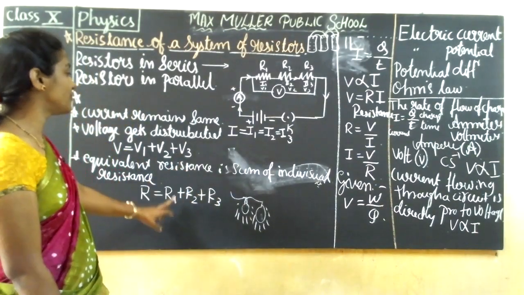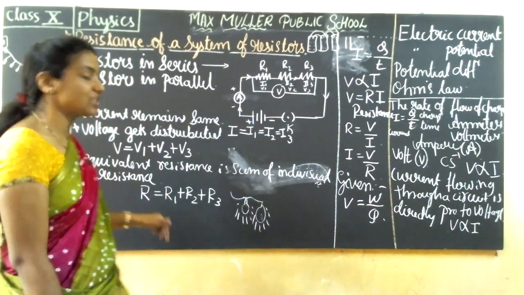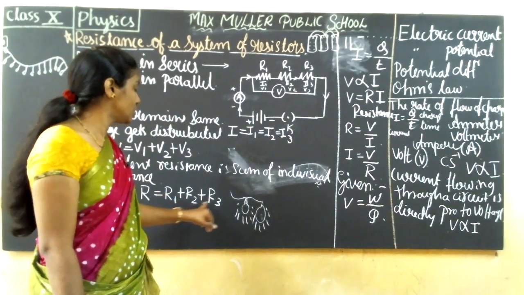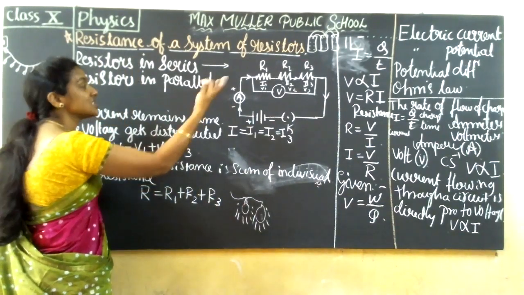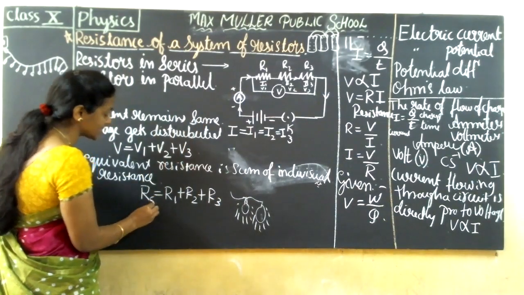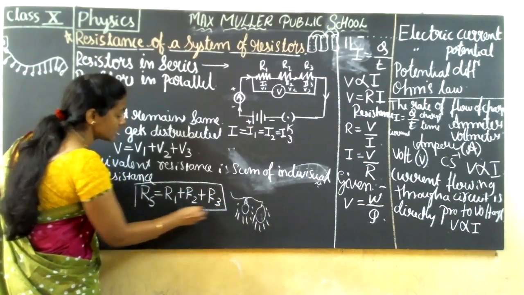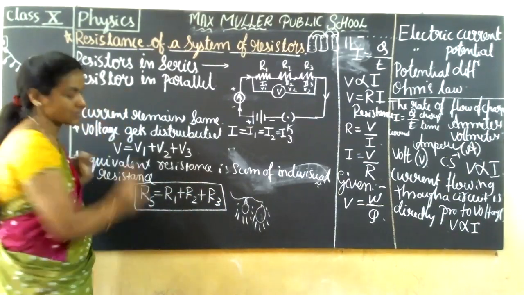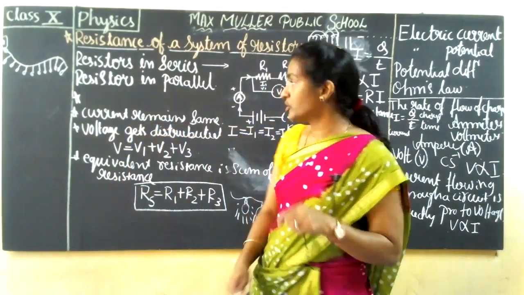If you want to find the equivalent resistance, that is the sum of the individual resistances. Since we are connecting the resistances in a series, I am going to take this as RS. So this is the fourth point.